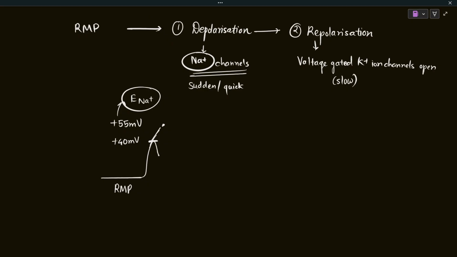It just drops down after this point, and this state is known as repolarization. So in repolarization, the voltage gated potassium ion channels open, which do the potassium efflux. Once potassium starts getting out of the cell, it causes sodium ion channel inactivation.